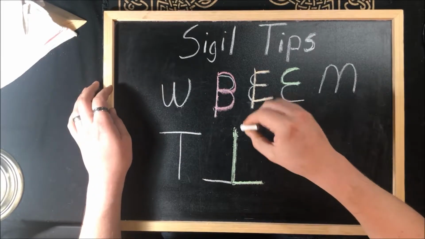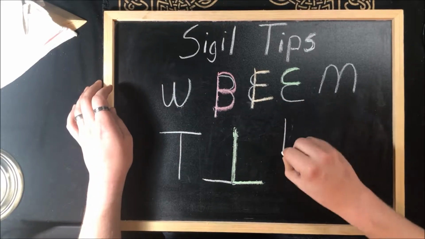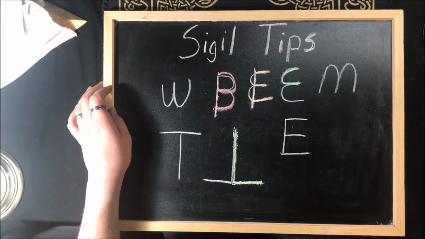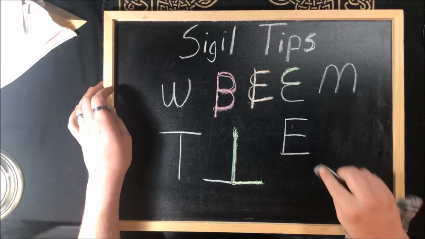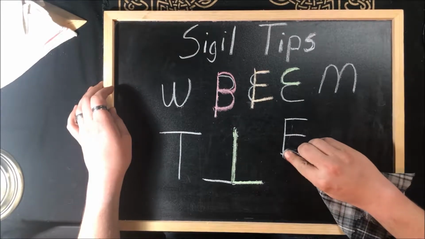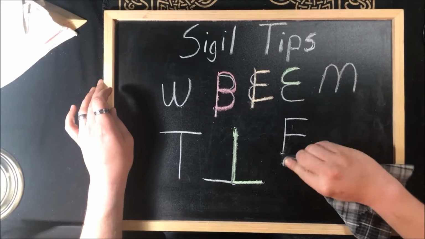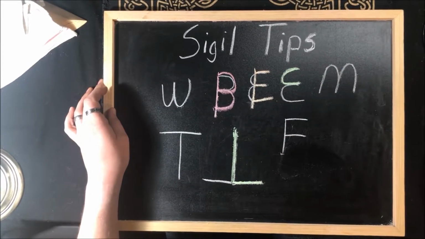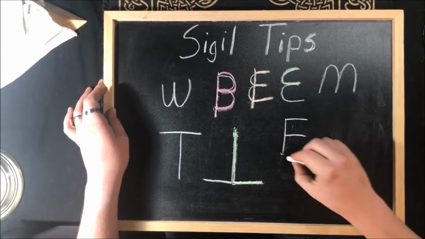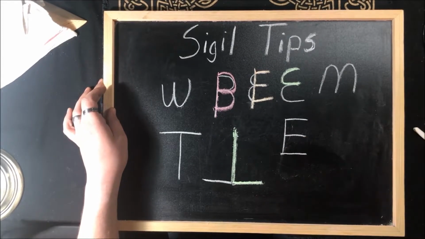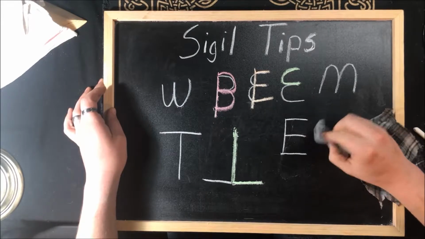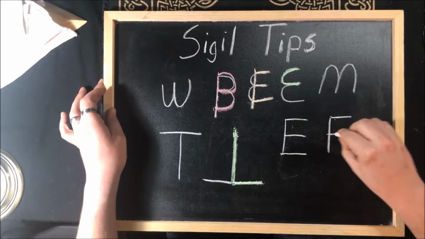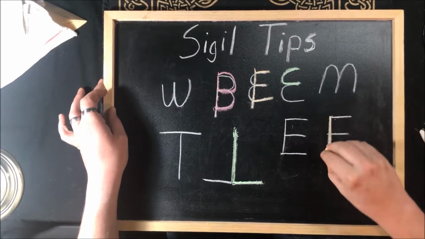And then also, we have an E. If you delete this, it can double as an F. So your E can be a F. Do it this way, that way you guys can see it a little bit better.